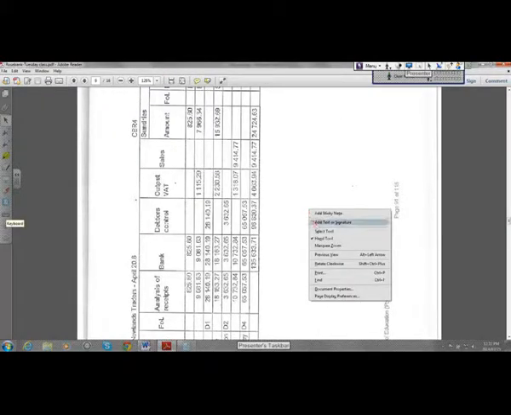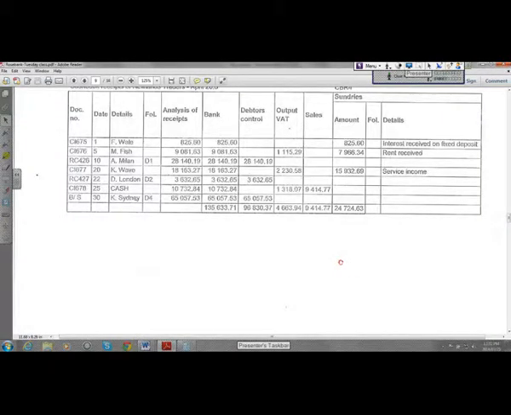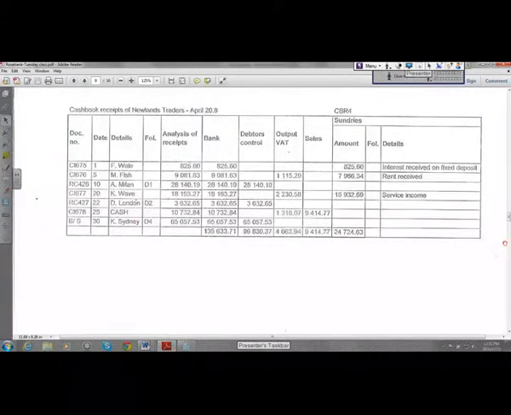So cash receipts means we received money. This is where we're receiving money from our customers. Do we have Milan? Of course we have Milan. You see, Milan did make some payment.